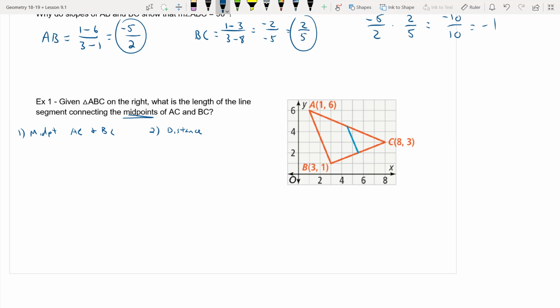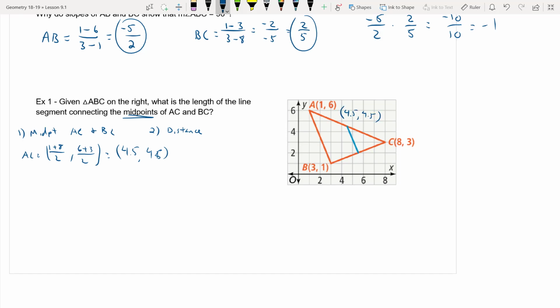So the midpoint of AC is going to be 1 plus 8 divided by 2, and 6 plus 3 divided by 2. And that's going to give me 9 over 2 and 9 over 2, so 4.5, 4.5. So that's 4.5 comma 4.5.